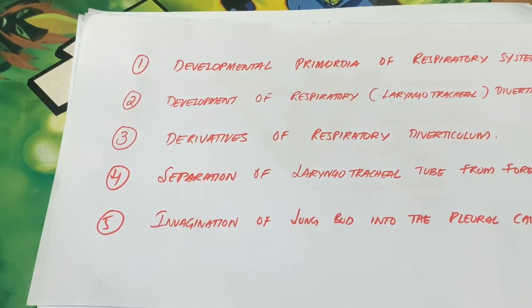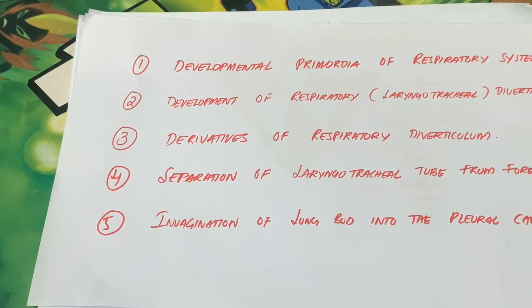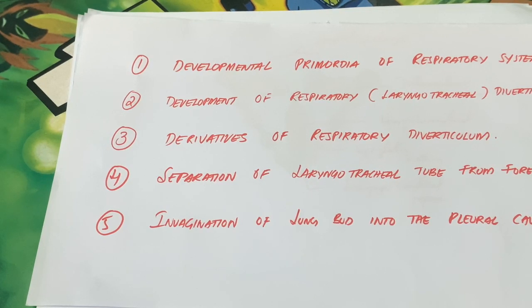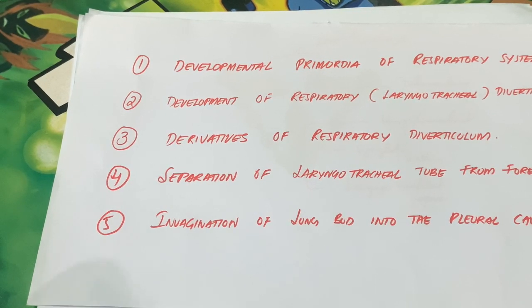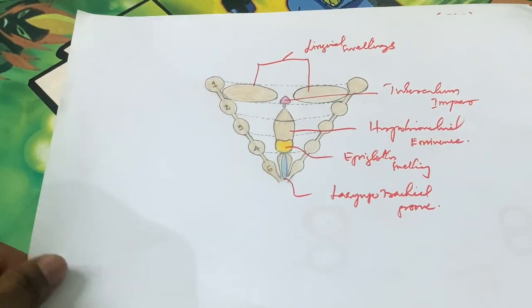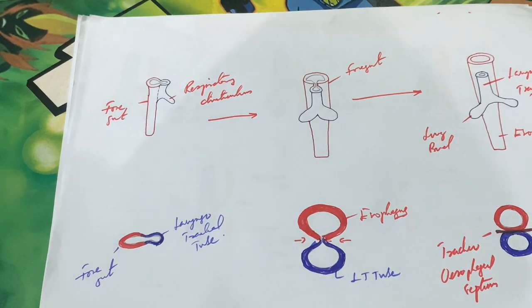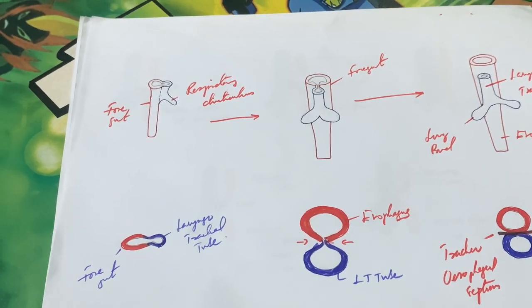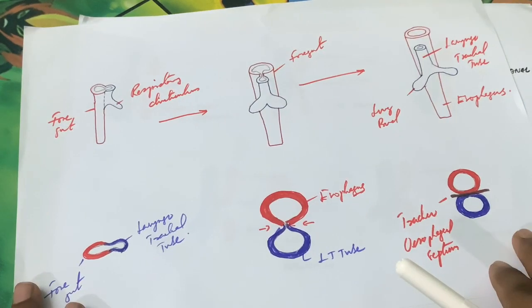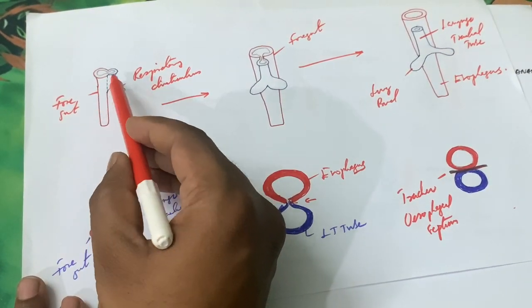Here, the free caudal end of the respiratory diverticulum grows downwards to enter the thorax, where it becomes bifid to form the right and left bronchial buds. I hope you're following my class. Now this is the foregut, and this is the respiratory diverticulum.